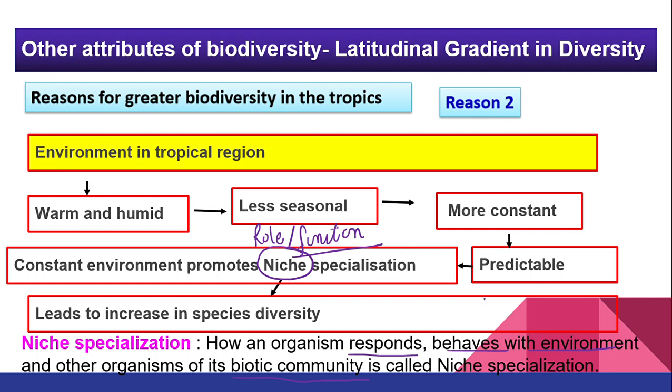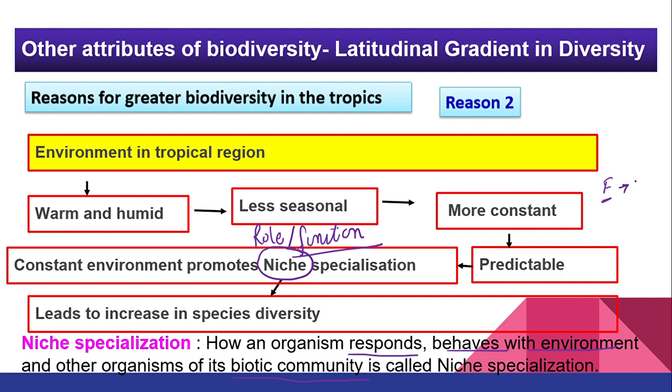So what is niche specialization? It is nothing but an organism. When we have many organisms, obviously they are going to interact among each other, as well as interact with the environment, and behave according to how the environment is. A simple example: when it is winter season, very cool, your frog is going to sleep.